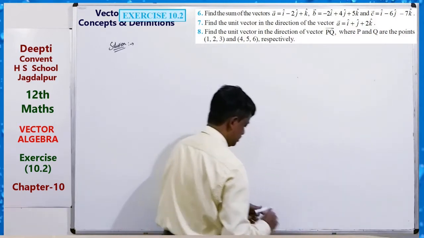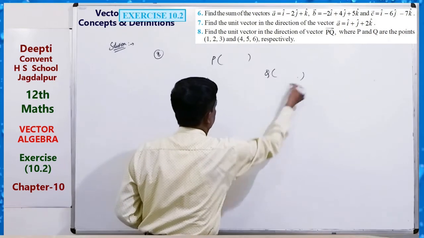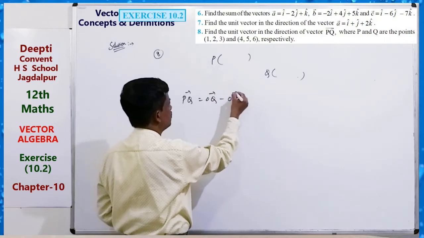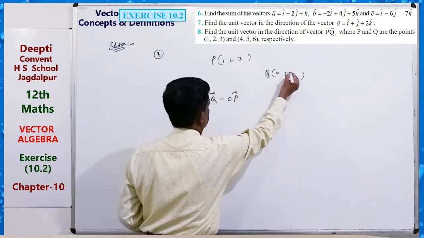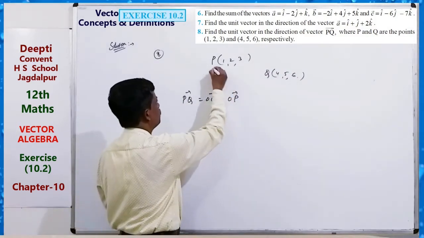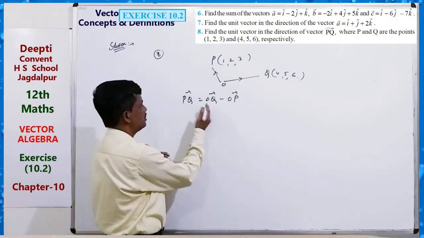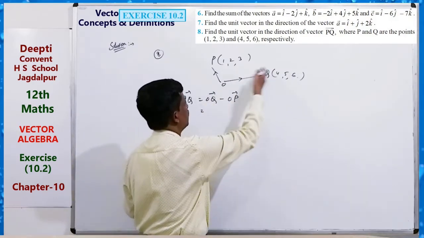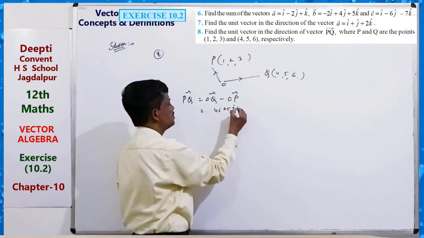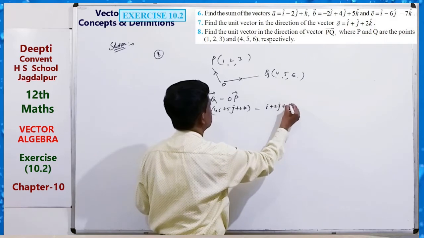PQ is OQ minus OP, where OP and OQ are the position vectors. OQ is 4i plus 5j plus 6k, minus OP, which is i plus 2j plus 3k.